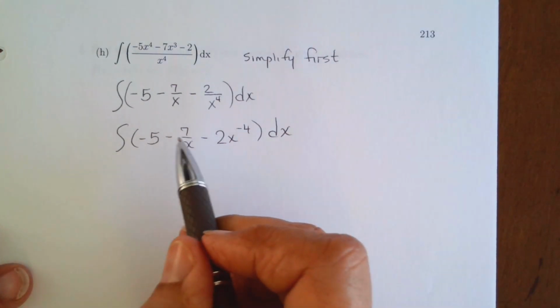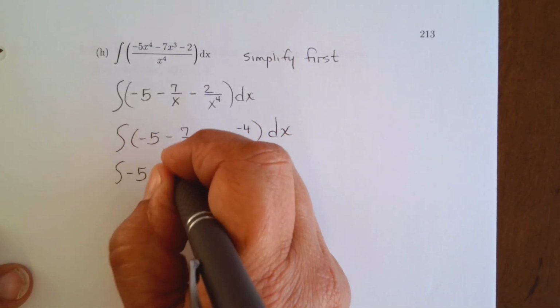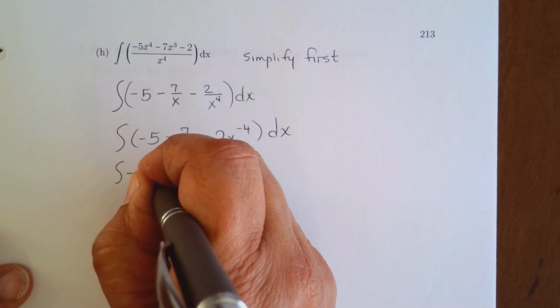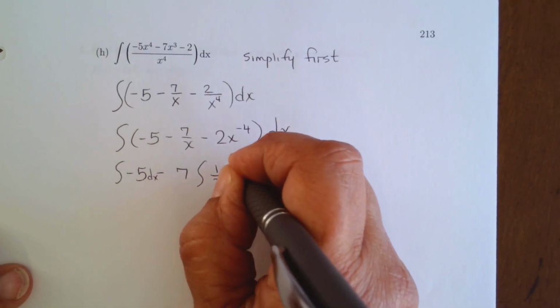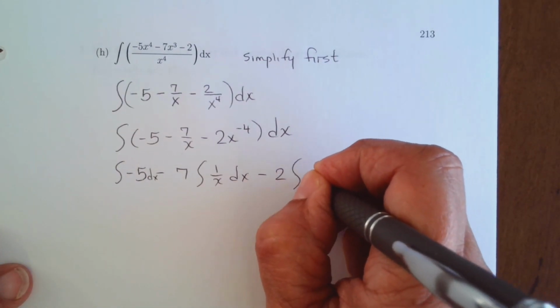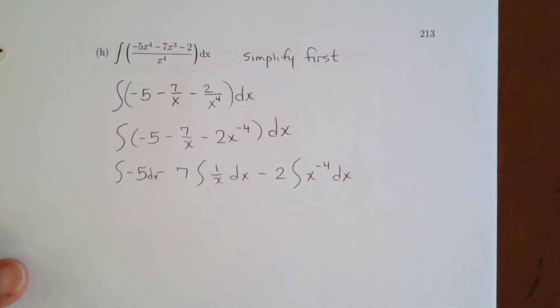All right, so this is just a constant now, so that's going to stay. 7 comes out, and we're going to integrate 1 over x. And then the negative 2 is going to come out, and we're just going to integrate x to the negative 4. Okay?